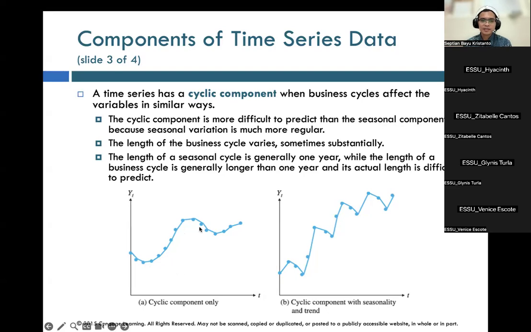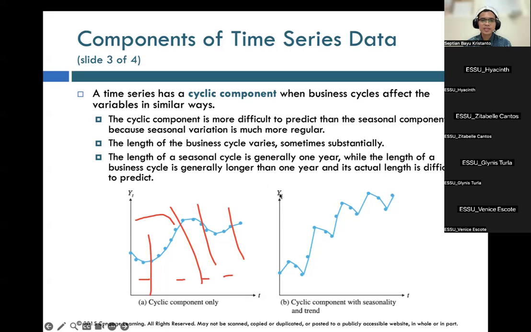But the period could be different. We can say this is a different period. Going down, going up, going down, and going up, sometimes going up again at different times, not exactly similar like the seasonals.